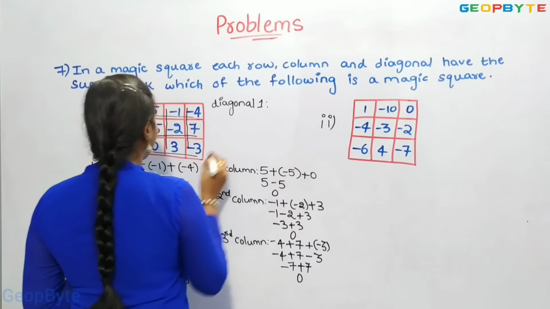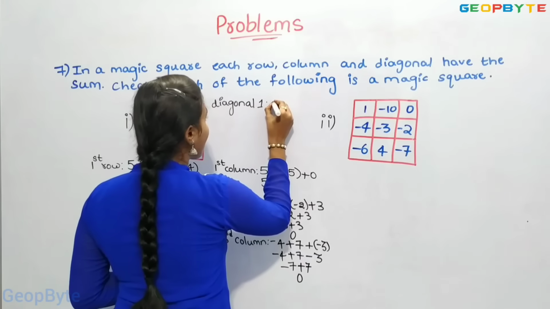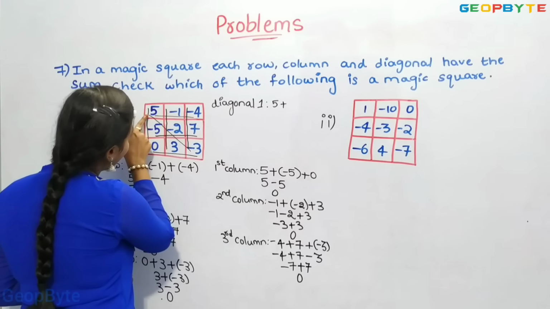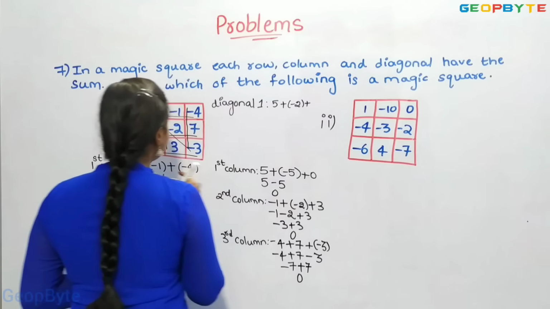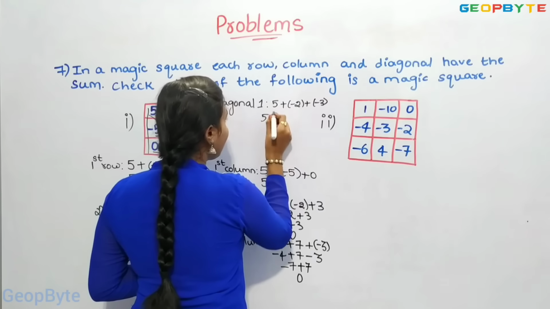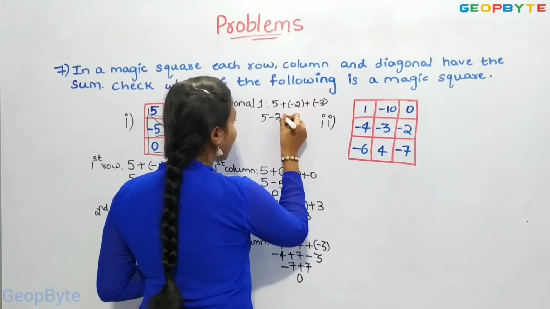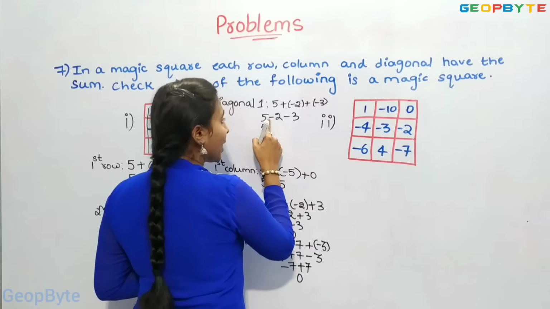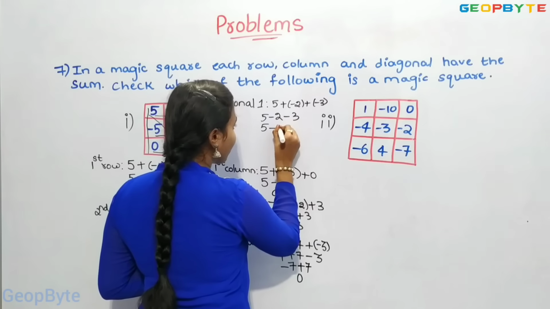Diagonal 1, that is, let us take this as the diagonal 1. We have 5 plus minus, like this we are taking 5 plus minus 2 plus minus 3. 5 plus into minus, minus 2 plus into minus, minus 3. 5 minus into minus, plus, the sign is minus. 2 plus 3, 5.